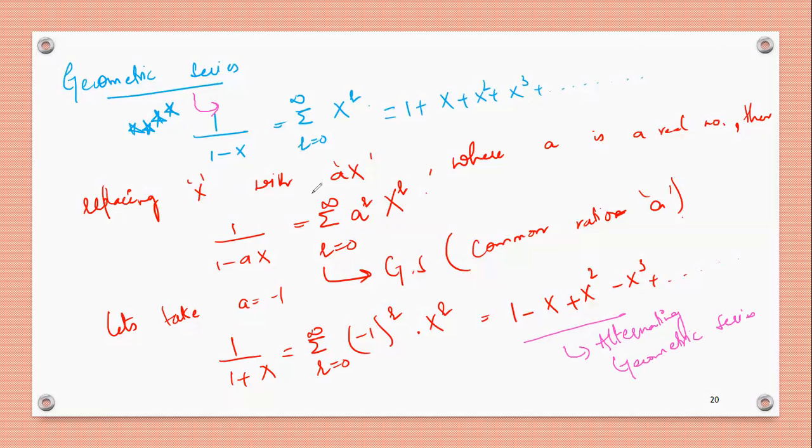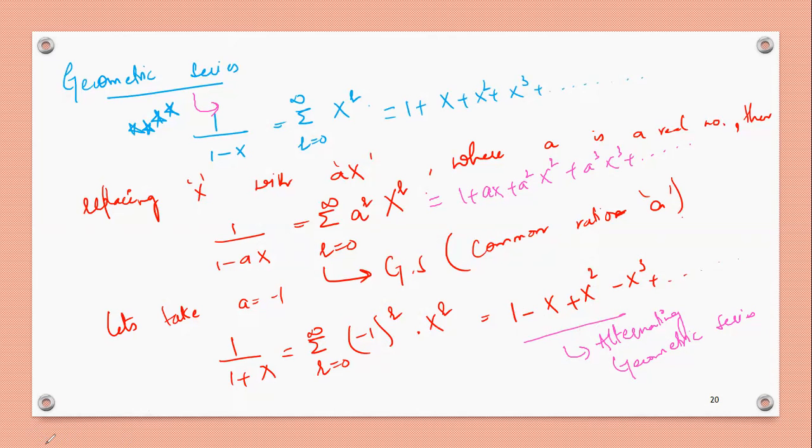Then this is the general formula. We can have any value of a. Then it can be written as 1 plus ax plus a square x square plus a cube x cube and so on. Now here one positive, one negative term is the alternating geometric series.